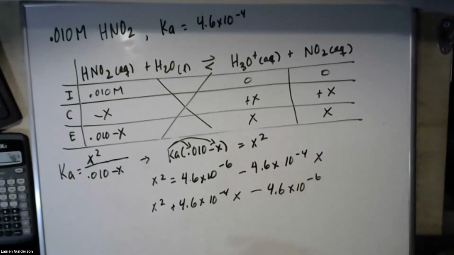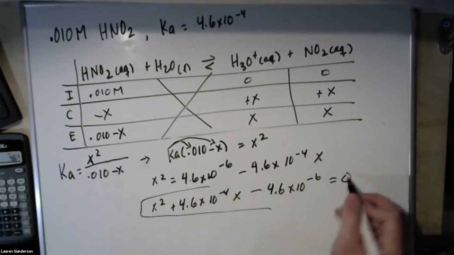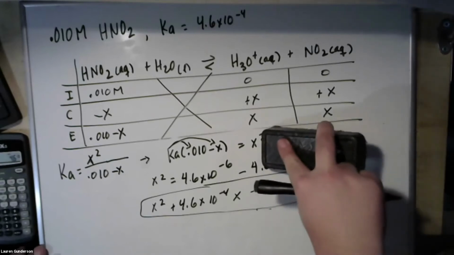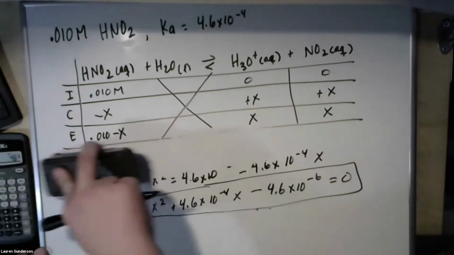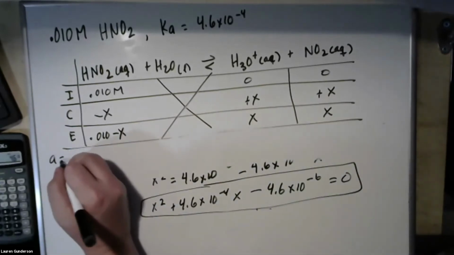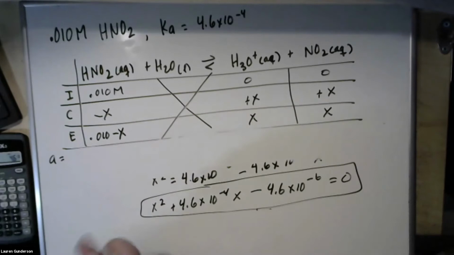Okay. And from this, I'm going to pull my a, b, and c values out for my quadratic equation. All right, so I'm going to erase the stuff that's up here so I can write my a, b, and c. So my a value is going to be 1.